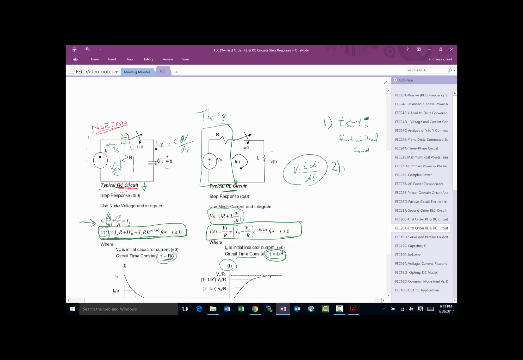So once you determine it's a step response, step 3 is you find the Thevenin equivalent for RL, because you want to make it look like this, right? Or for RC, you find a Norton equivalent.